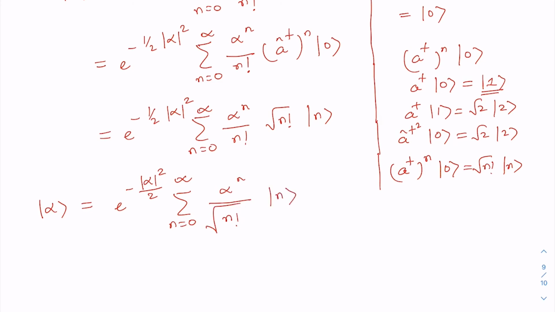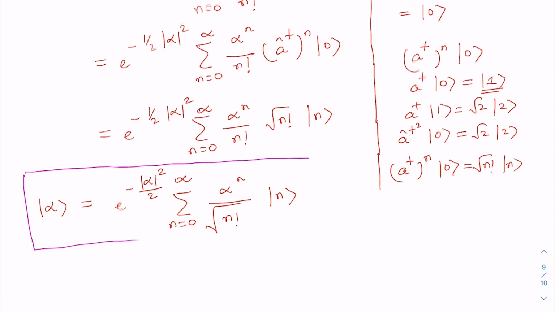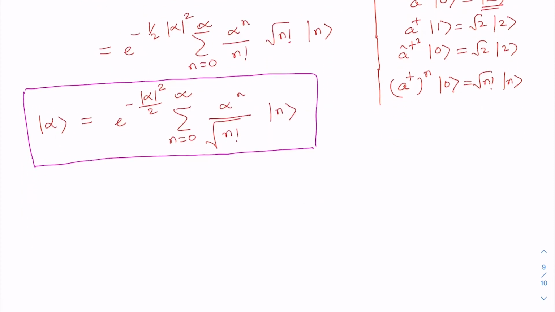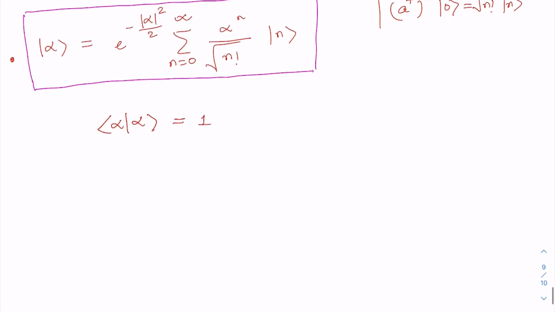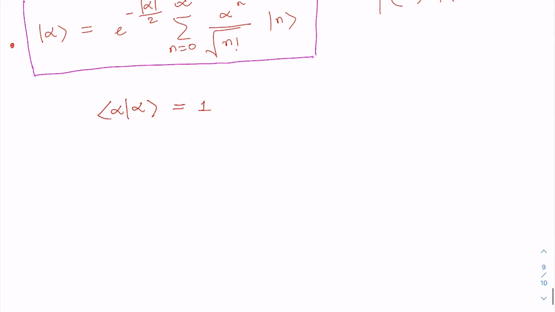So this is actually one of the most popular forms of the coherent state. Please note that this coherent state is normalized, and it is very easy to prove just by utilizing this relation. Now one can get more insight by evaluating the expectation value of the oscillator position and momentum in the coherent state. For example, let us evaluate the expectation value of the position operator in the coherent state.